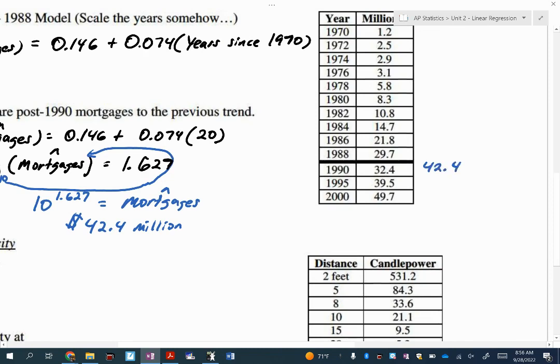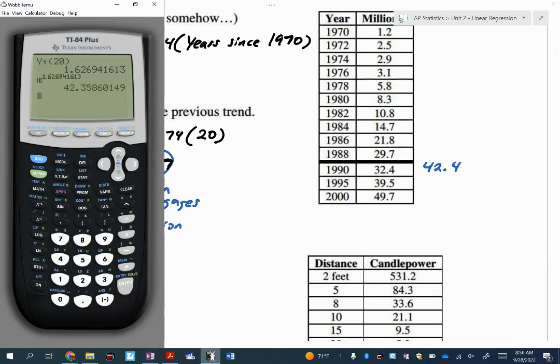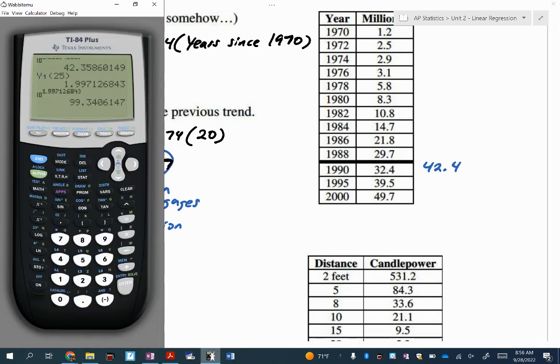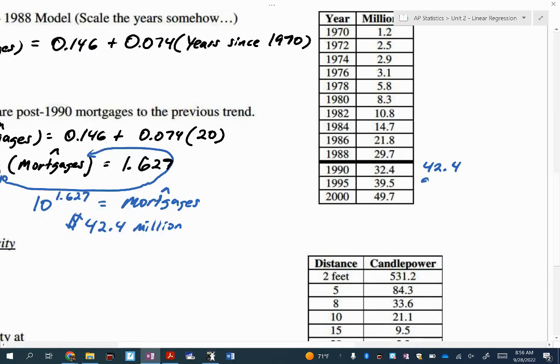Okay, so writing this to the side, because these are the predictions. So that's 42.4. Let's do the same thing for 25 years. So do vars, yvars, function, evaluate this at 1995, which is 25 years since 1970. And do the same thing, 10 to that power, because I want to get rid of the log. So that gives me 99.34.